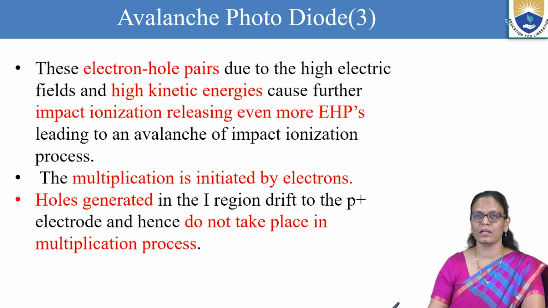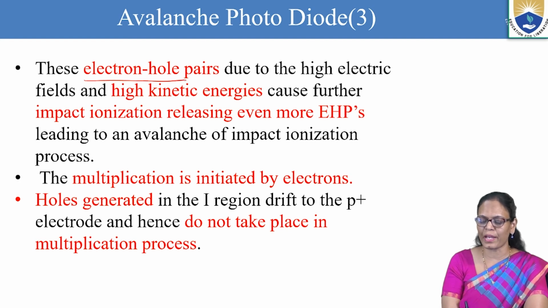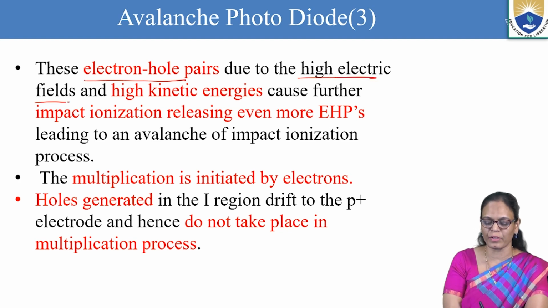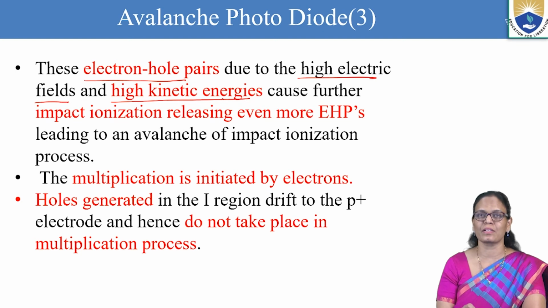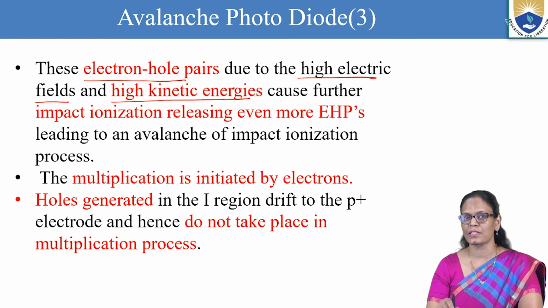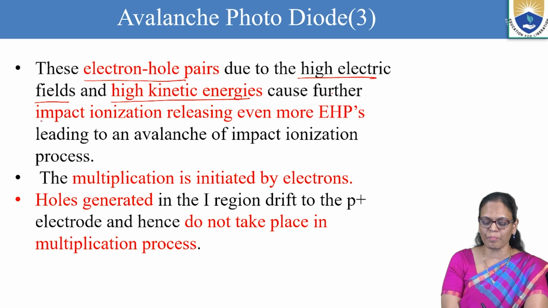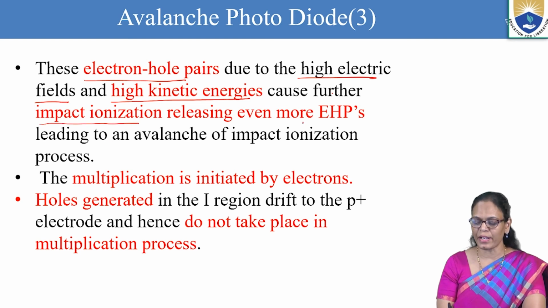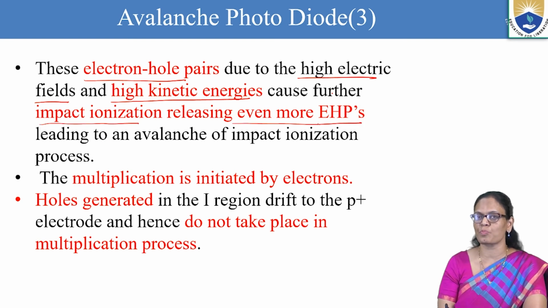So let us understand this figure. The electron hole pairs due to the high electric field get high energy. So that is what we have seen. The electron hole pairs subjected to this high electric field gain high kinetic energy, and they cause impact ionization, releasing even more EHP.